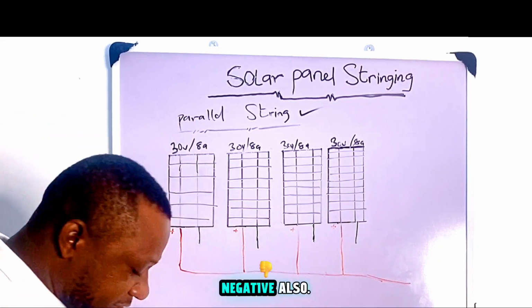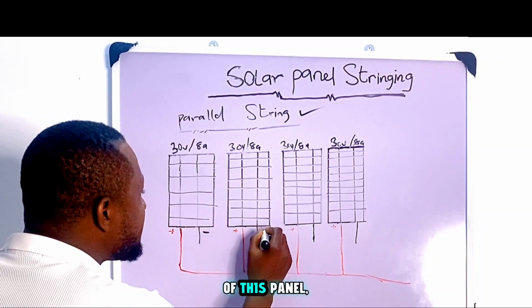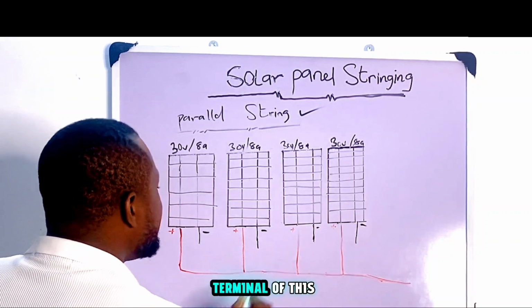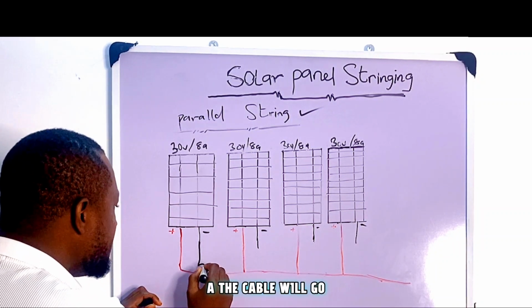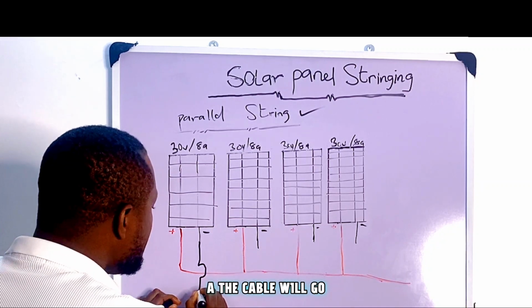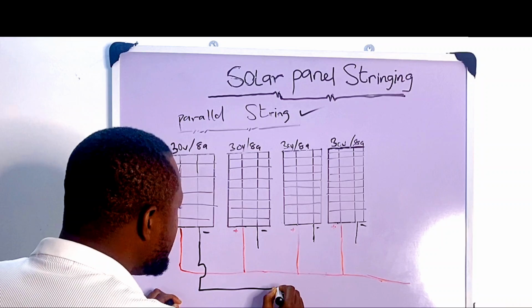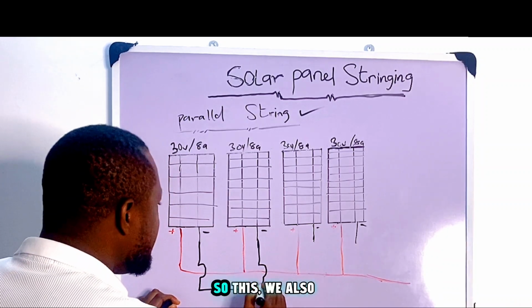Now we have the negative also. This is the negative terminal of this panel, the negative terminal of this panel. The cable will go and also connect this to this.